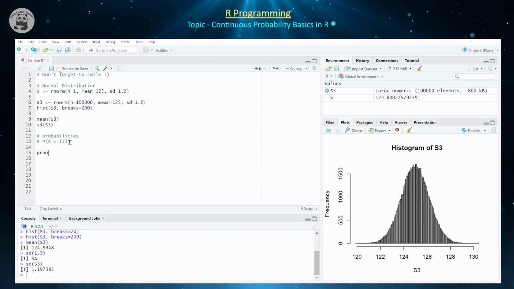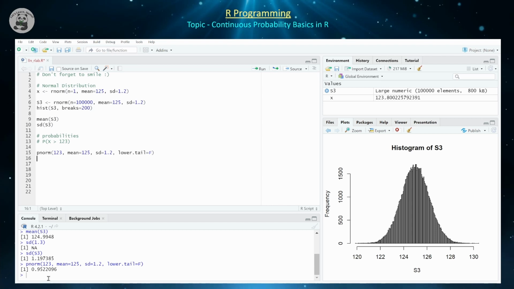That's going to be equal to pnorm, and then the value of interest, associated with a population mean of 125 and a standard deviation of 1.2, and we're going to be looking at the upper tail of this distribution, so we're going to set lower.tail equal to FALSE, since we want greater than 123, not less. And we have about a 95.22% chance of selecting an individual whose blood pressure is bigger than 123.